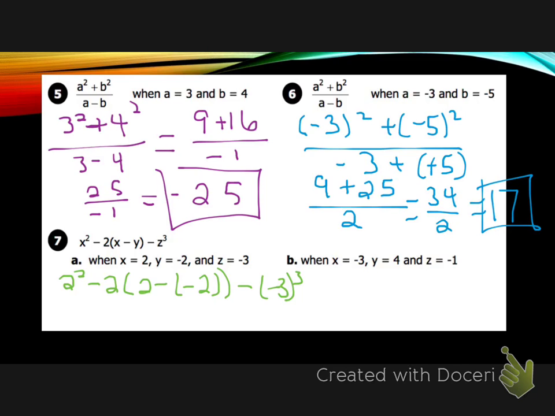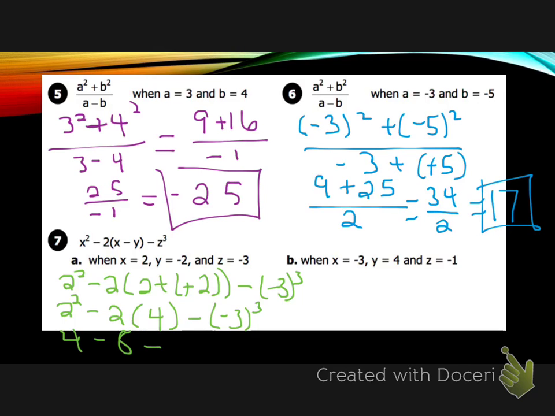Okay, just lots of steps. Make sure you're doing what's inside the parentheses first. So we've got 2 squared, we're just following PEMDAS, minus 2 times 2 minus a negative 2, so it ends up with 4, minus a negative 3 cubed. So let's do our exponents. 2 squared is 4. We'll go ahead and multiply. 2 times 4 is 8.